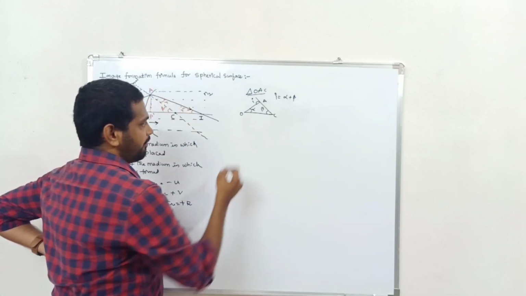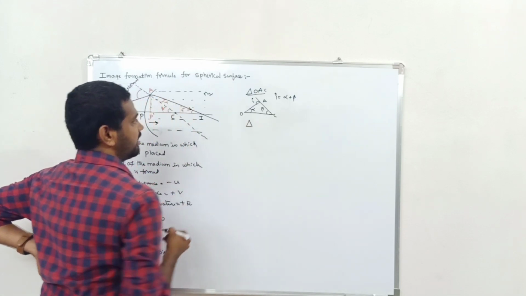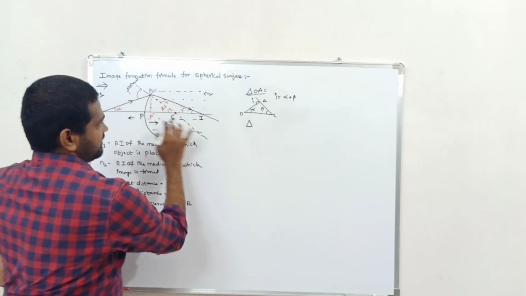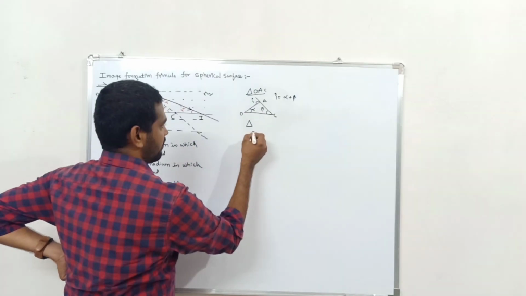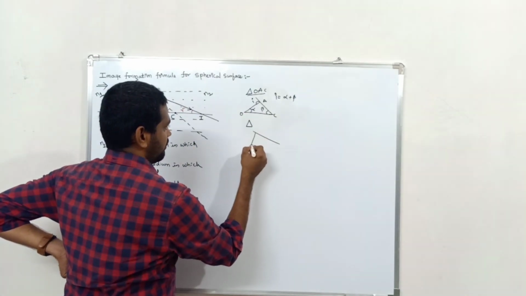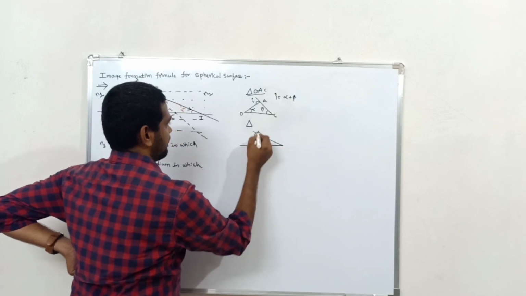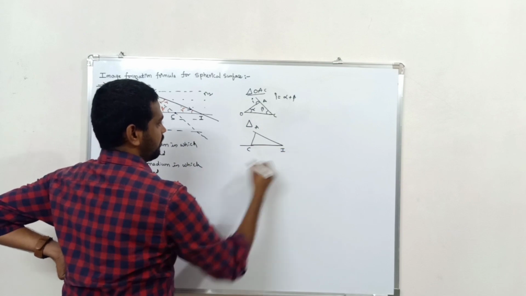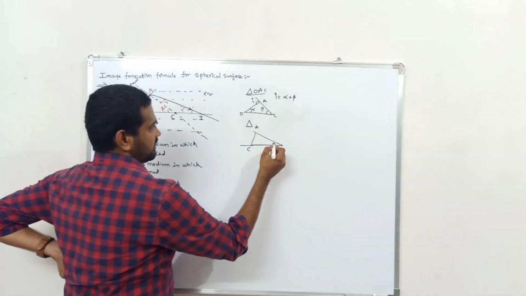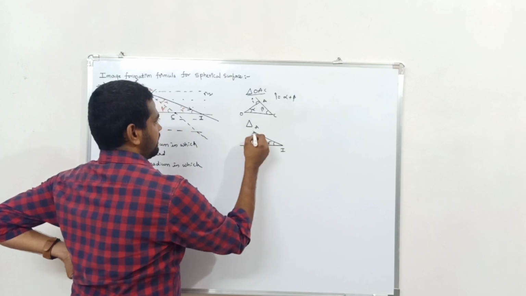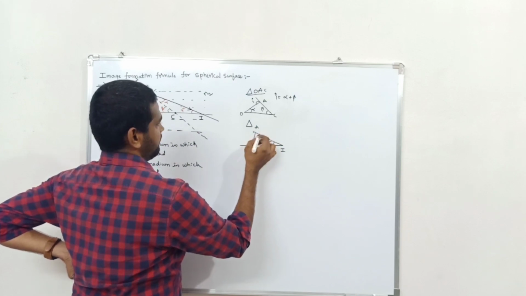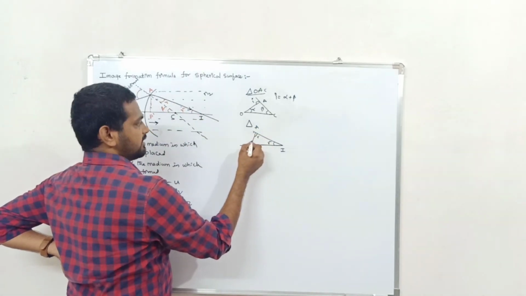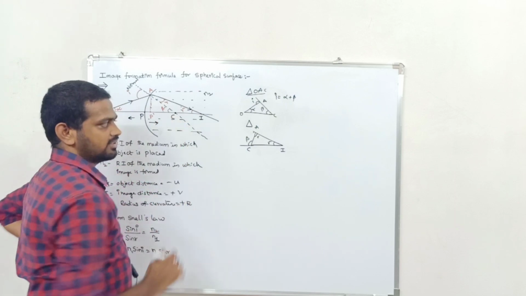In the similar way, in triangle AIC, this is the representation of the triangle. You have the triangle like this, and this is the point A, this is the point C, this is the point I. This is the angle gamma, and this is the angle of refraction, and this is the exterior angle beta present at the C side.